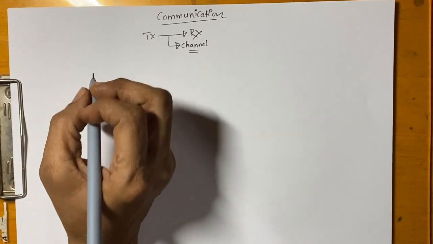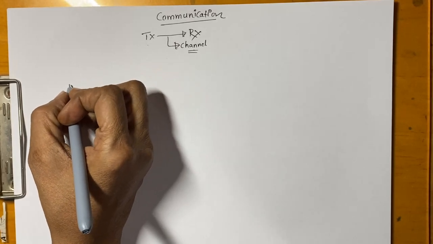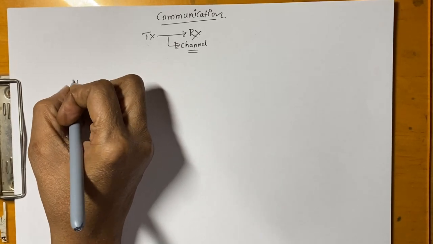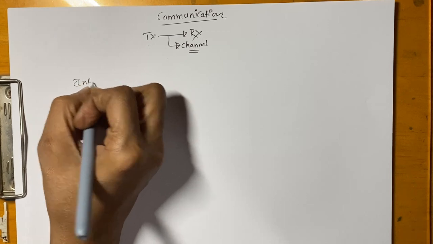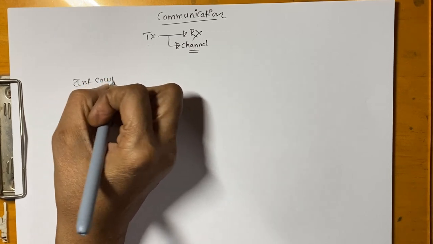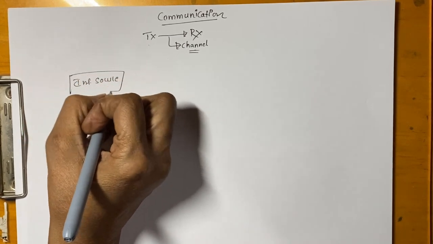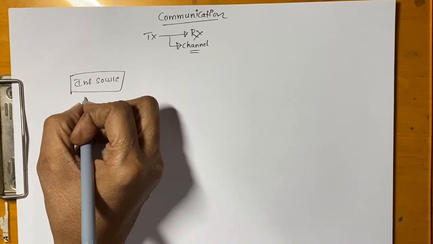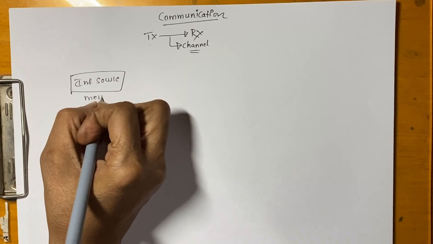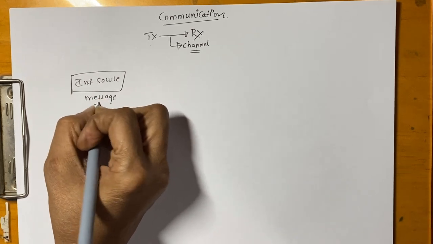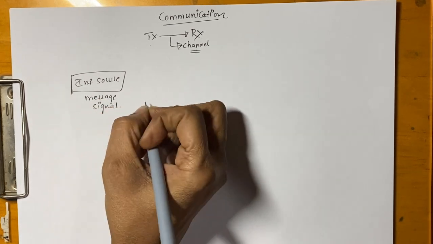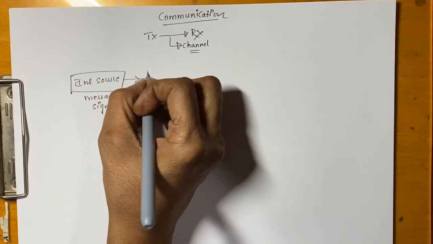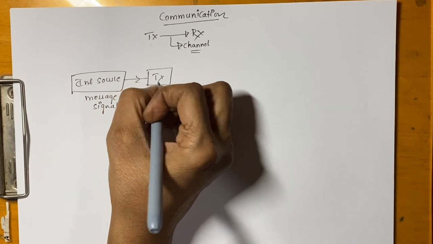So coming to the general block diagram of a communication system, it mainly consists of what is known as information source. This information source is having either the message or a signal which is being transmitted to a transmitter.